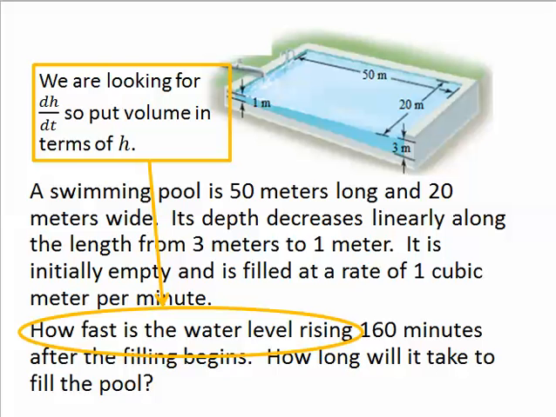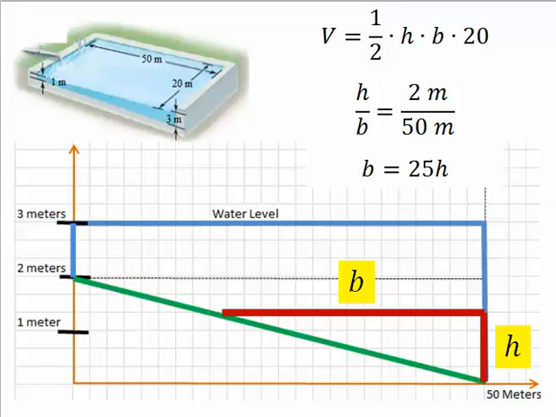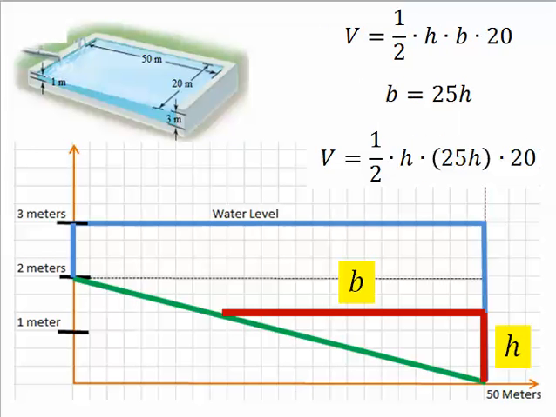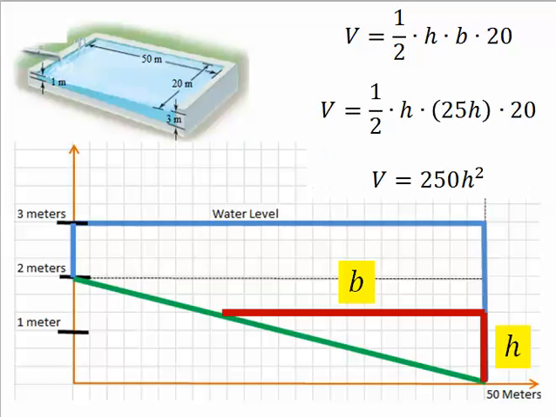If we're looking for dH/dt, then we want our volume formula to be in terms of H. So we find out what B is in terms of H. B is equal to 25H. And then we replace B with 25H. And that gives us a volume formula just in terms of H.